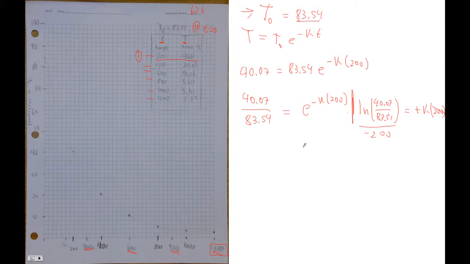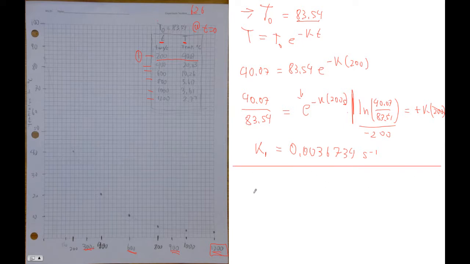And I get that our k, k1, is 0.0036734, something like that. And the units of this would be, since this is seconds, seconds to the minus 1, because whatever we feed into this thing can't have any units. That's kind of a funny thing.